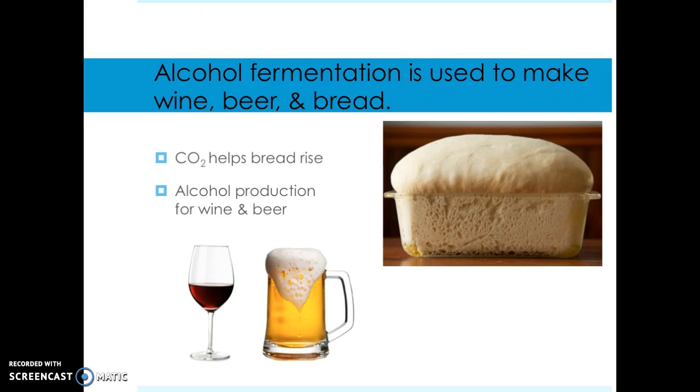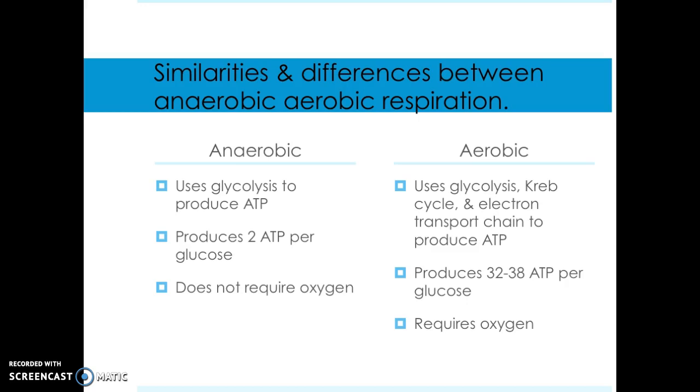So now we're just going to talk about the similarities and differences between the two processes. So anaerobic and aerobic respiration both use glycolysis to produce ATP. However, aerobic respiration continues processing further during the Krebs cycle and the electron transport chain to produce more ATP.